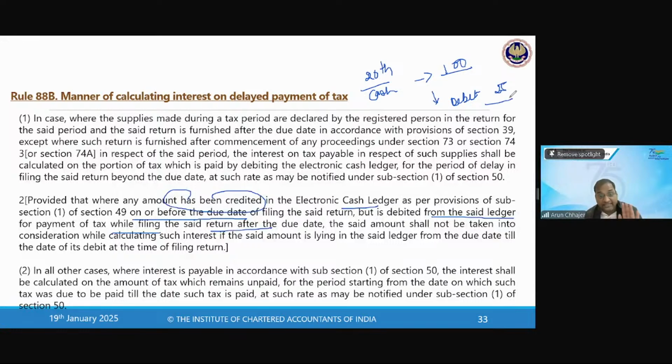Before October, this amendment, the interest was levied for 5 days. Now they are saying when any amount has been credited on or before the due date, but it is debited on the filing of the return, that amount shall not be taken into consideration while calculating the interest. Very, very important amendment with respect to interest.